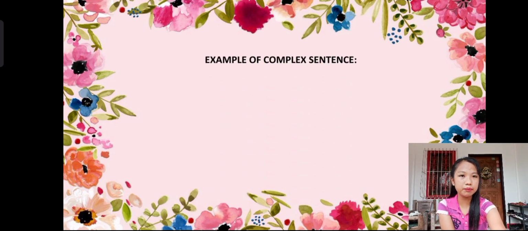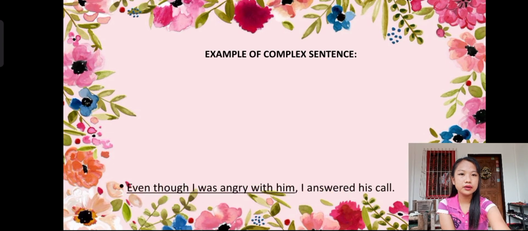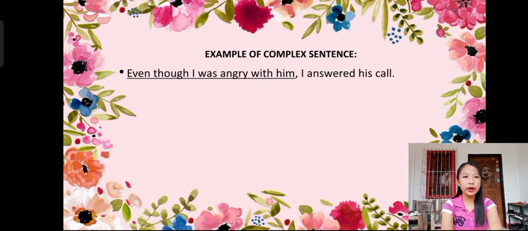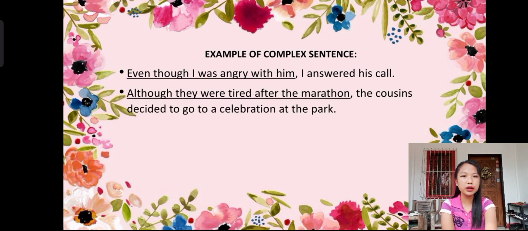Let's have an example. Even though I was angry with him, I answered his call. So, we use a subordinating conjunction, even though. Then, let's proceed to the next example. Although they were tired after the marathon, the cousins decided to go to a celebration at the park.